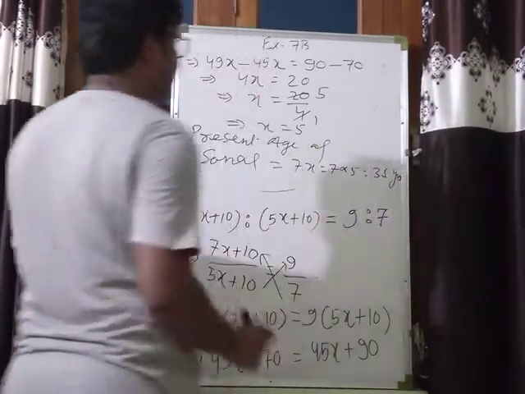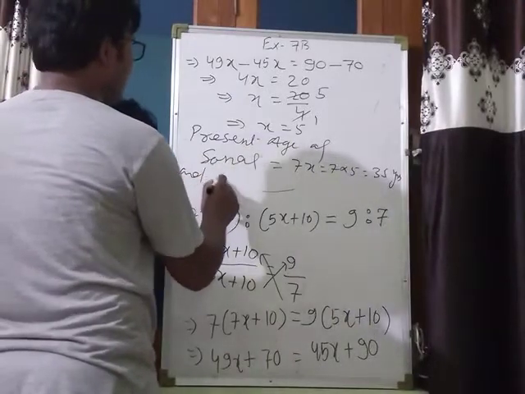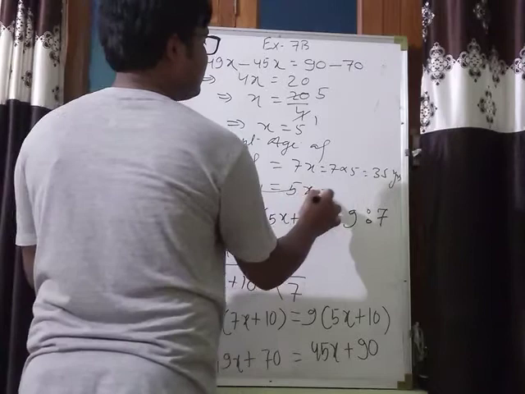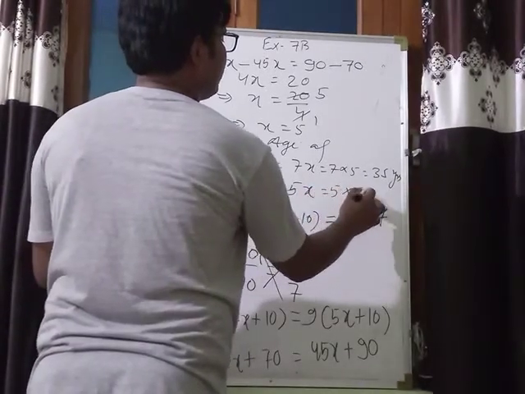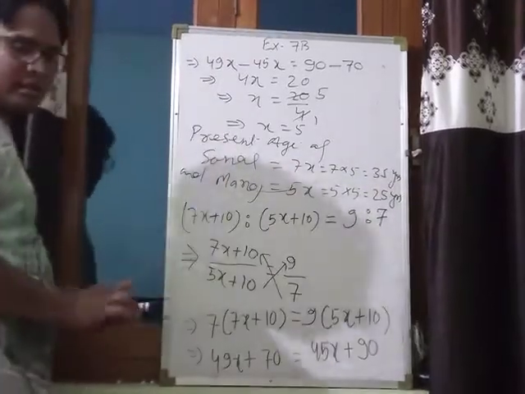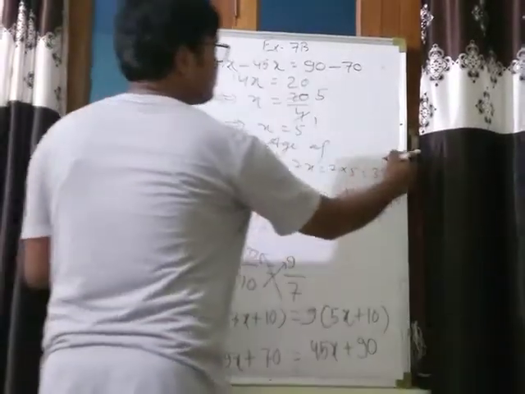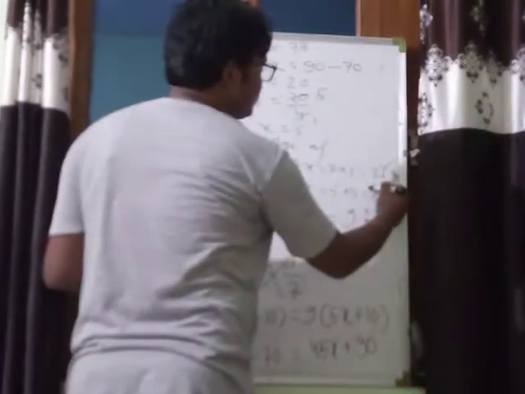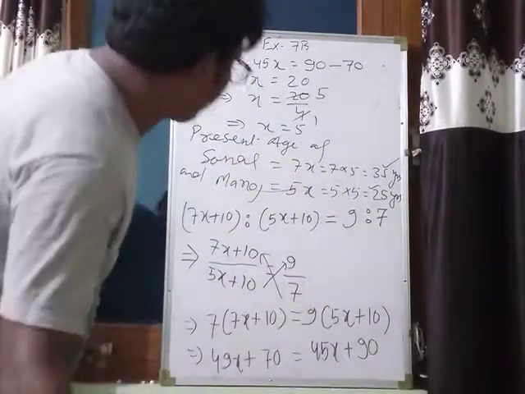Okay. And Manoj's is 5x, that is 5 into 5, that is 25 years. Okay, so that is our answer. Sonal's present age is 35 years and Manoj's present age is 25 years.